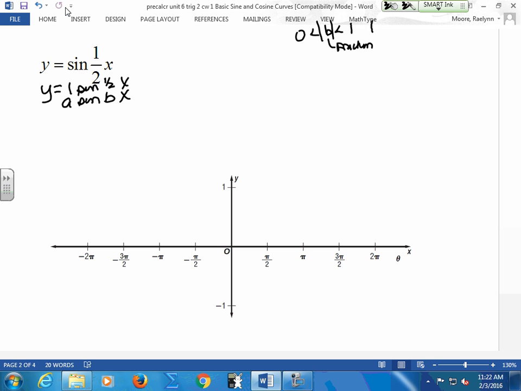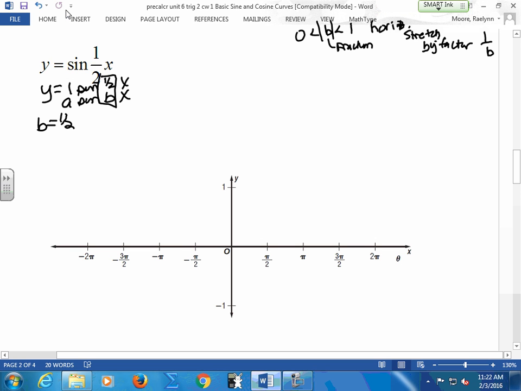Then I have a horizontal stretch by a factor of 1 over B. Now, my B is 1/2. This means what to me? What does 1/2 for B mean?